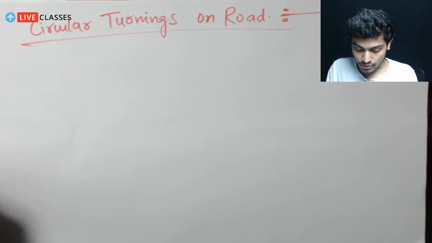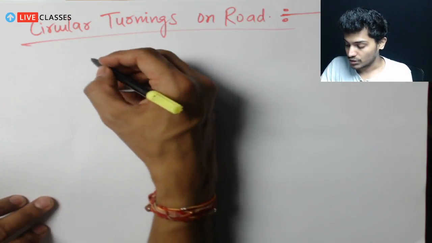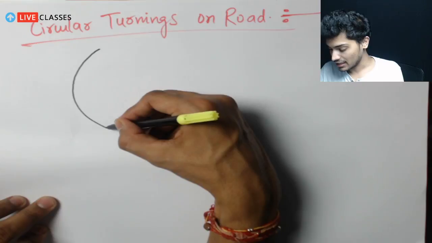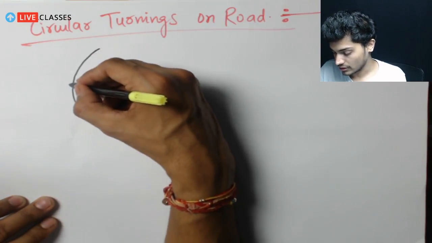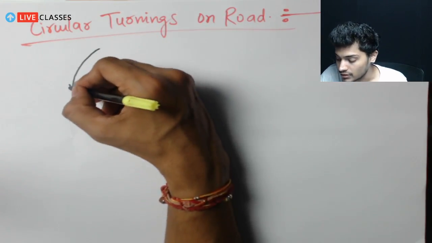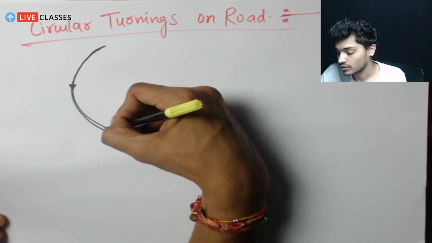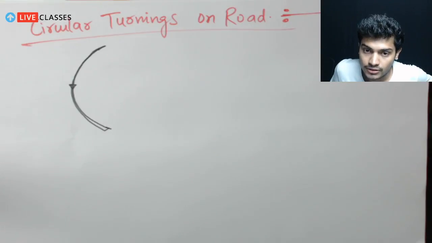Circular turnings means, suppose someone is moving on this kind of road, we all must have traveled across this kind of path where we move along this kind of road. So this is our circular turn.